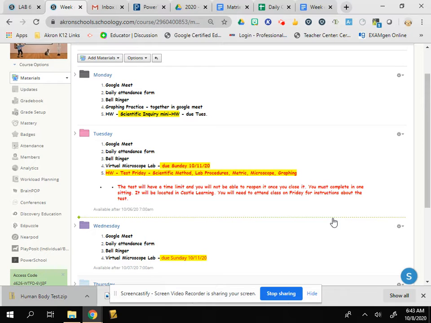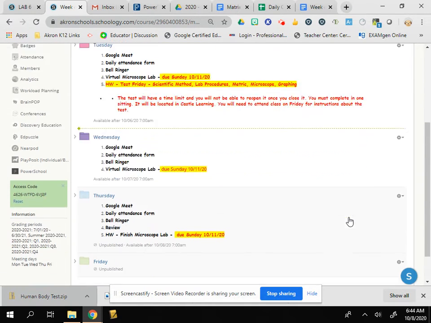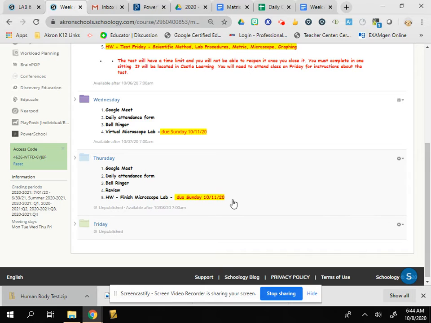And the first part of the test is in Castle Learning. So tomorrow I'll show you all the links and everything, but you're going to go to Castle Learning, take the test in there, and then you're going to make sure you come back into Schoology and do the graph. Or you can start in Schoology, do the graph first, and then go into the Castle Learning portion.